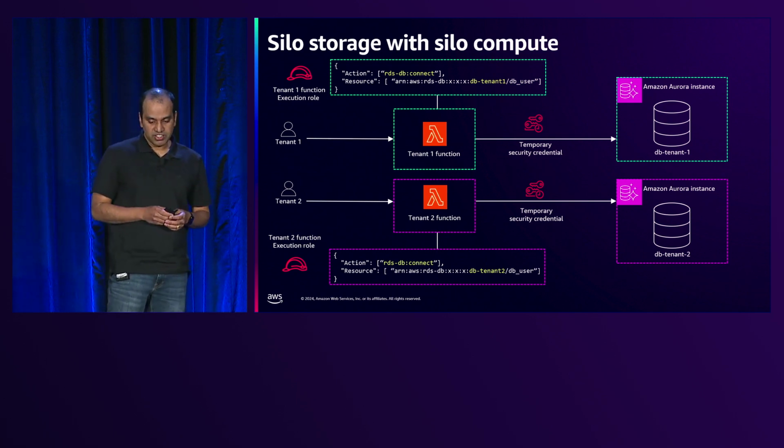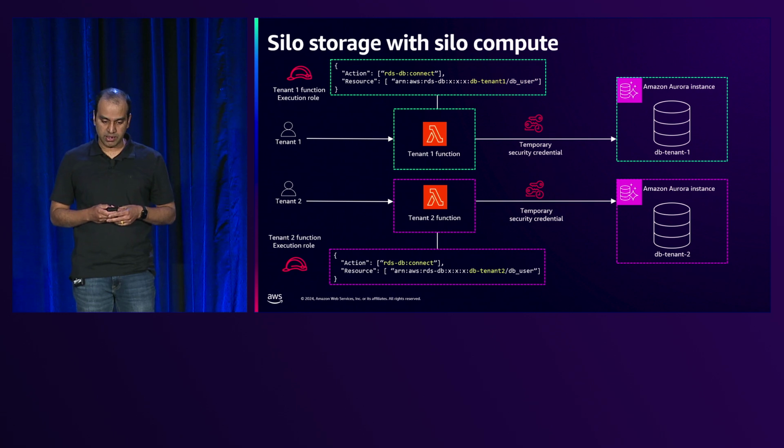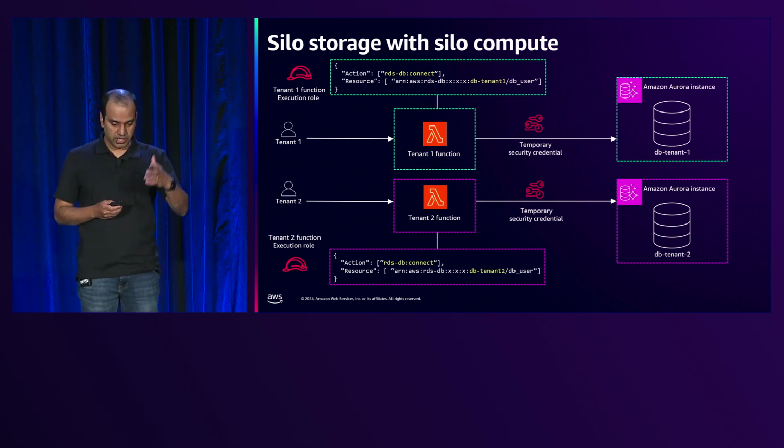So in this model, you definitely get better isolation because there are some natural security boundaries in this model, right? And then we are using AWS IAM authentication, which works great. It gives you that temporary credential that you're looking for, and it also works great at the networking level, right?